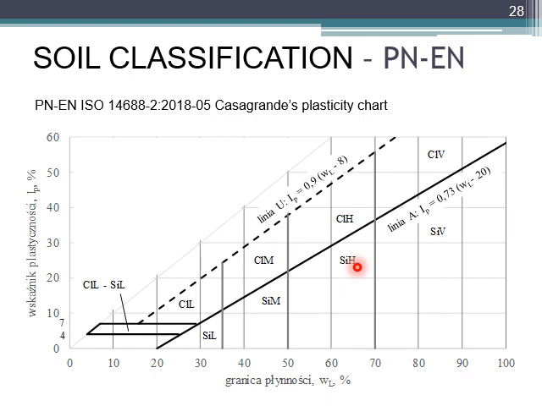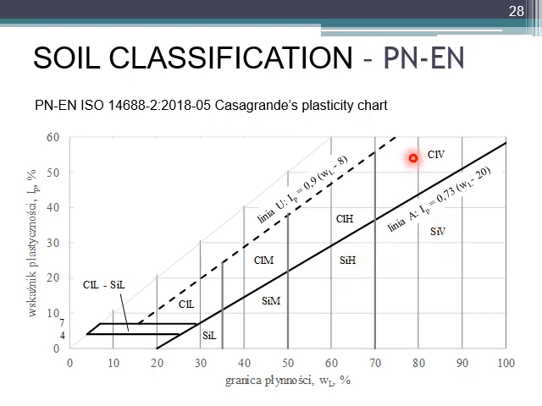So if this coordinate falls below the A line, then the soil can be named silt, Si. Depending on the value of the liquid limit, it will be a silt with low liquid limit, medium liquid limit, high liquid limit, or very high liquid limit.